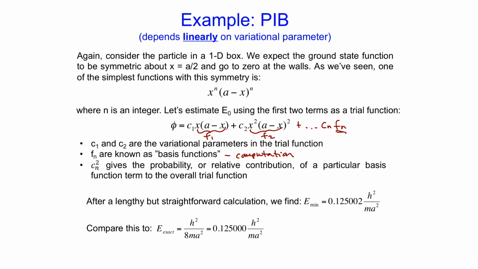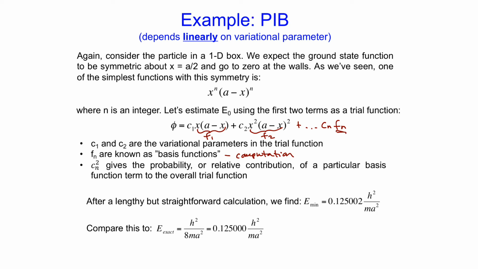Okay, so the more of these parameters that you include, the more terms that you include essentially in your basis function, or your trial function, I should say, the better result that you'll get for your calculation.